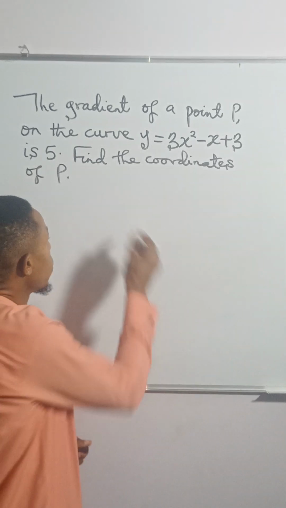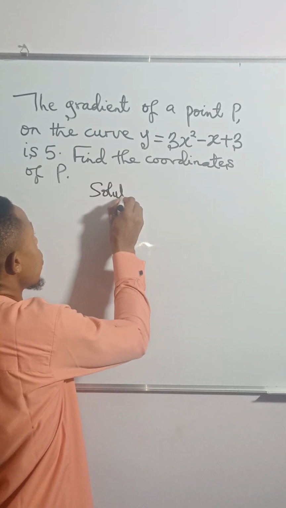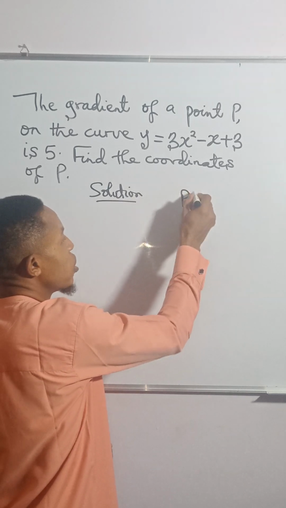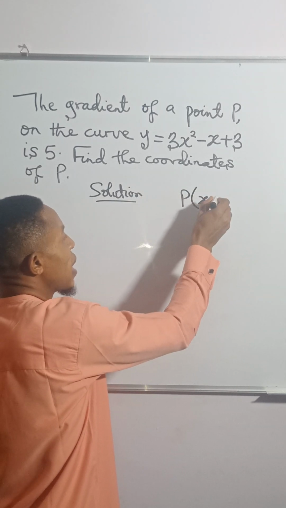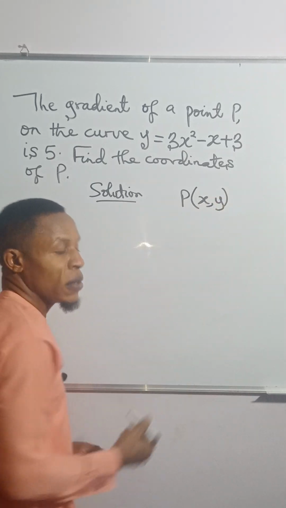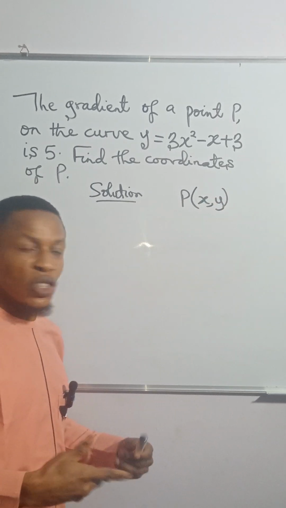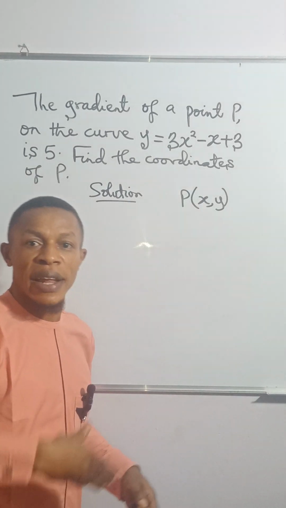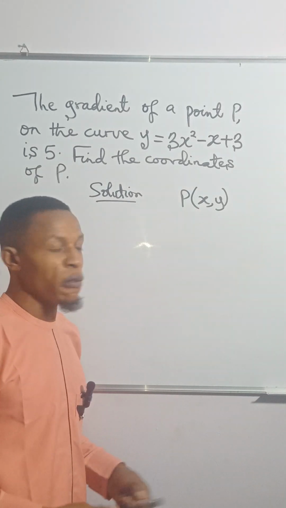Okay, we know that the coordinates of a point, let's say this point P, we can denote as (x, y). It's just a special code we use to determine the reference of any point in a line or a curve.